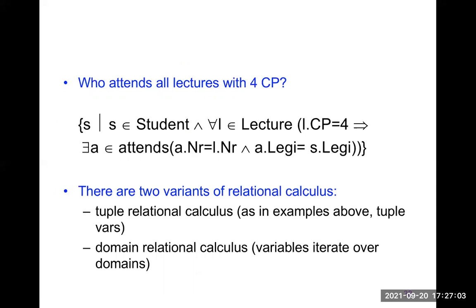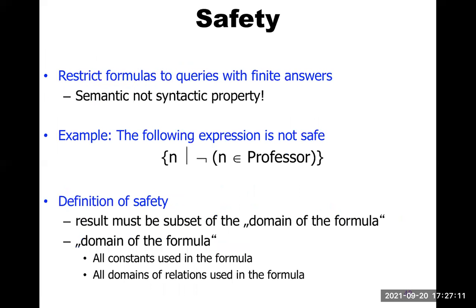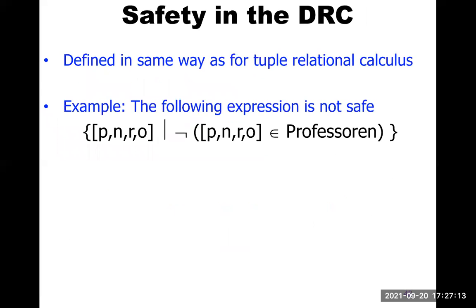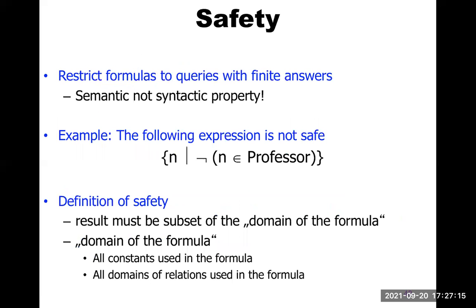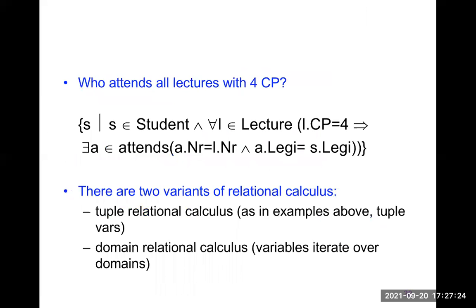There are two variants of relational calculus, tuple relational calculus and domain relational calculus.